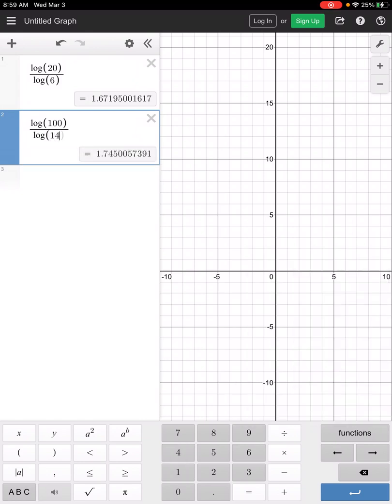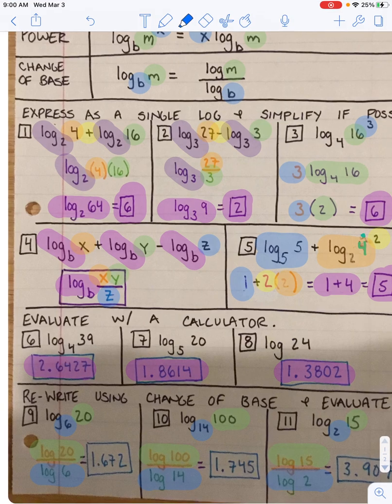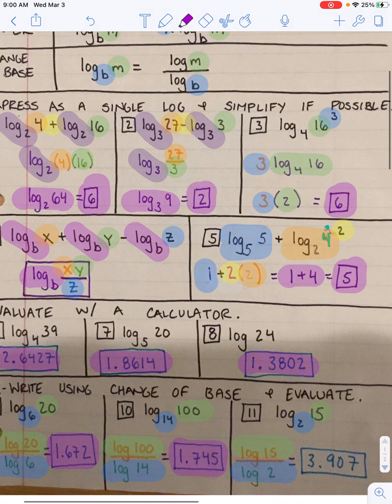And we have 1.745. And for our last problem, we have the log of 15, arrow outside, divided by the log of 2. And we're left with 3.9068, so let's round that up to 3.907. And those are our answers: 1.672, 1.745, and 3.907. And that is all for today.